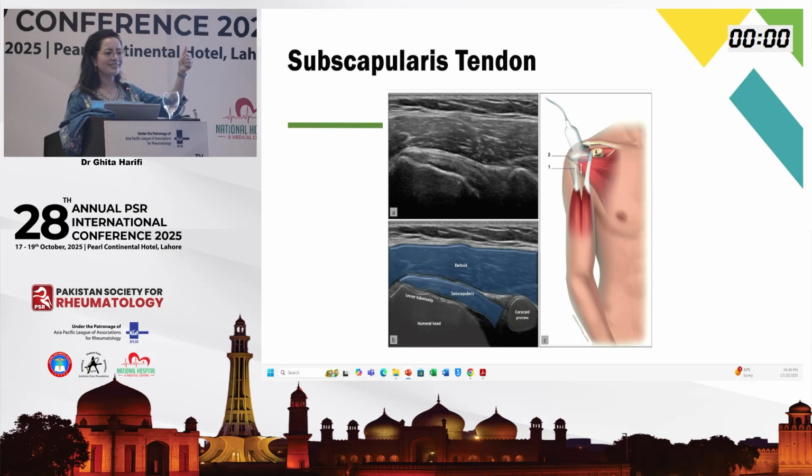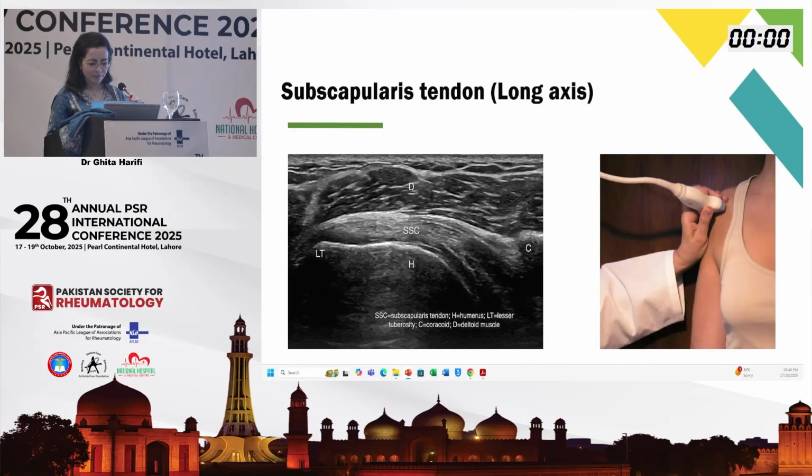Now, we said the first tendon was the long head of biceps, second tendon is subscapularis in the anterior aspect. Subscapularis, again, we start with the short axis. So, long axis, see, now it's a long axis, but the position of the probe may leave you at the impression that this is a transverse view.